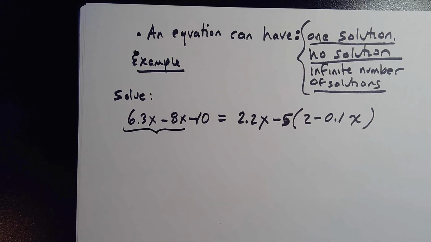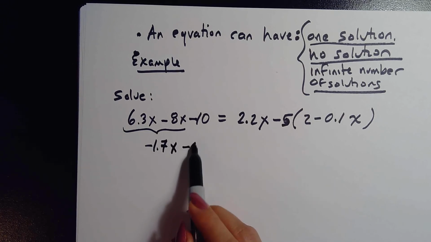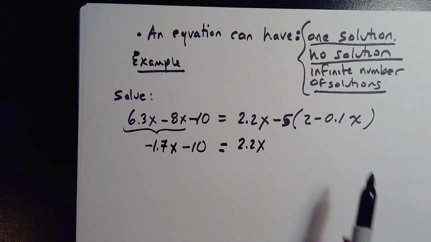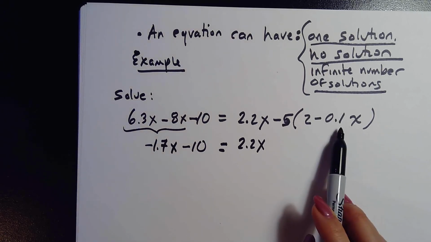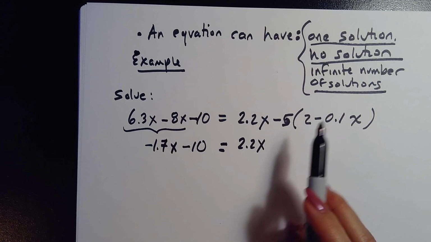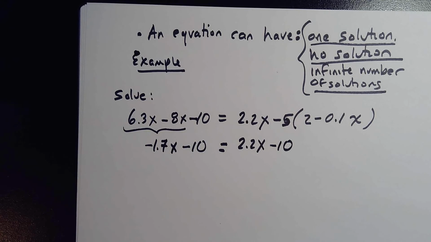So if you have 6.3 minus 8, that's going to give you negative 1.7x. Bring down the negative 10 equals, and then you have 2.2x, and you need to get these terms out of the parentheses by multiplying by negative 5. So negative 5 times 2 equals negative 10, and negative 5 times negative 0.1.